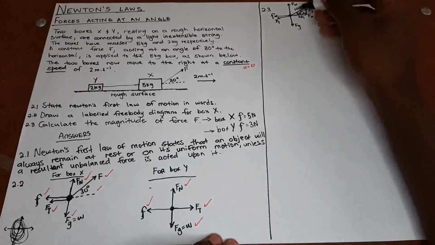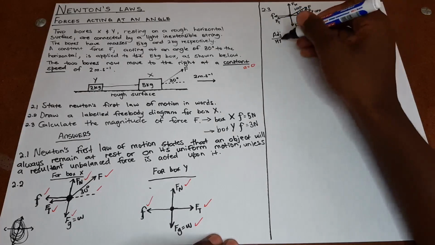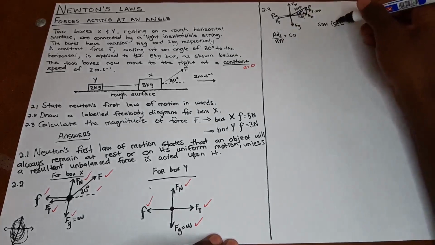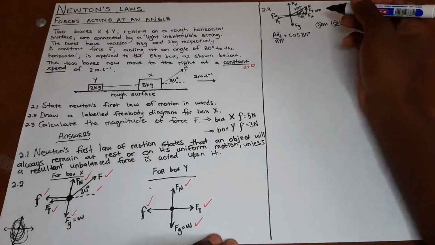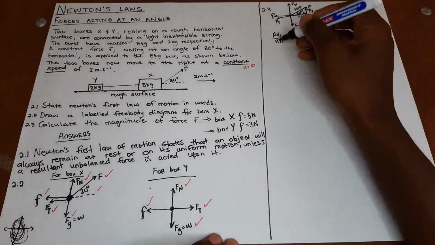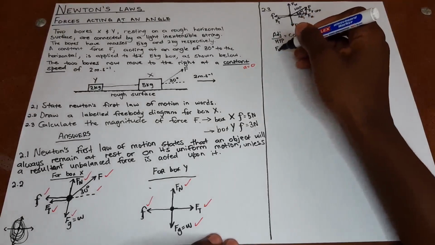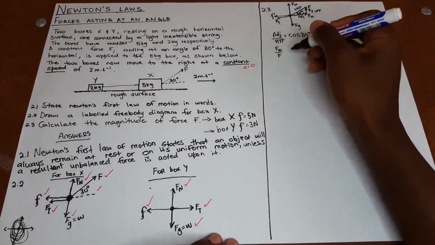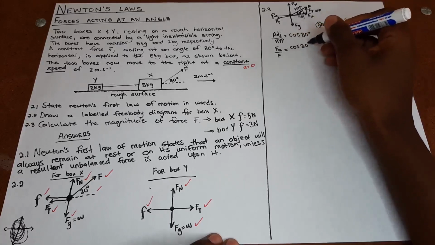Adjacent over hypotenuse equals cos 30 degrees, so adjacent Fx over hypotenuse F equals cos 30 degrees.